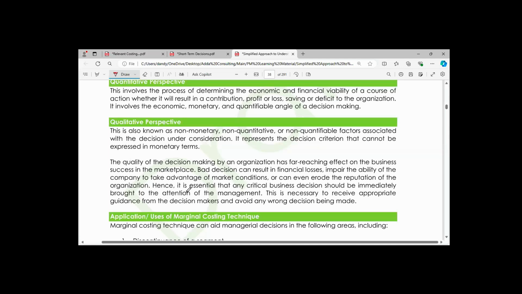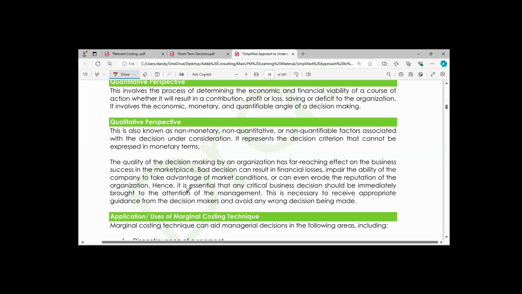If there's any issue in the future, you free yourself by saying that, well, when it happened, the decision makers were involved, and they were also aware. So it's not that you unilaterally took that decision, and that's why it is important to seek guidance.